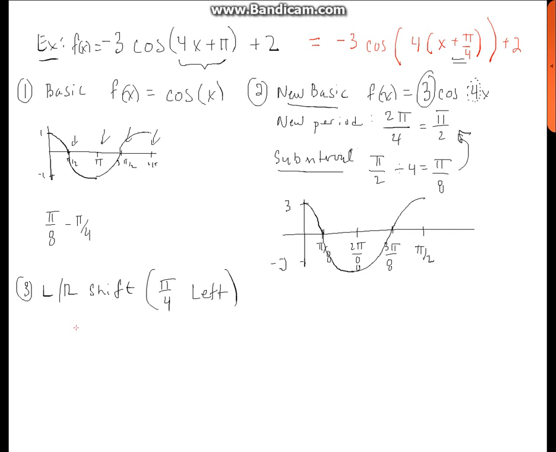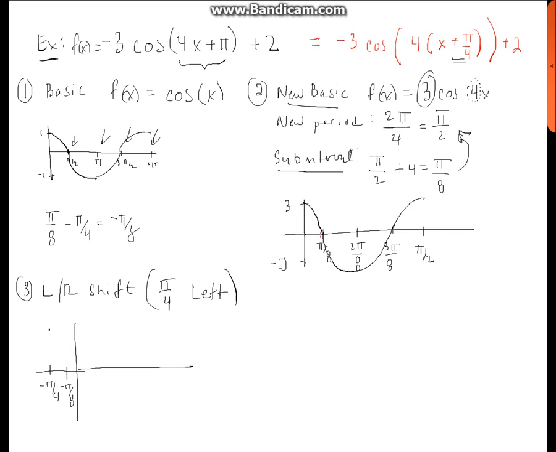So check this out. 0, which is at 1, now will be negative pi over 4, which will be at 1 still. And pi over 8 will actually be right here at negative pi over 8, after you subtract pi over 4 from pi over 8.